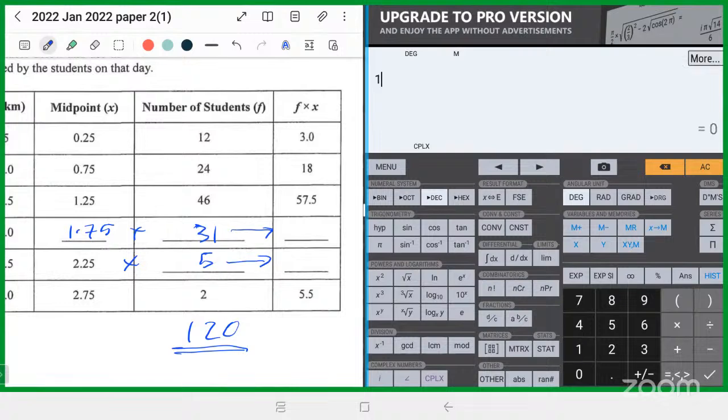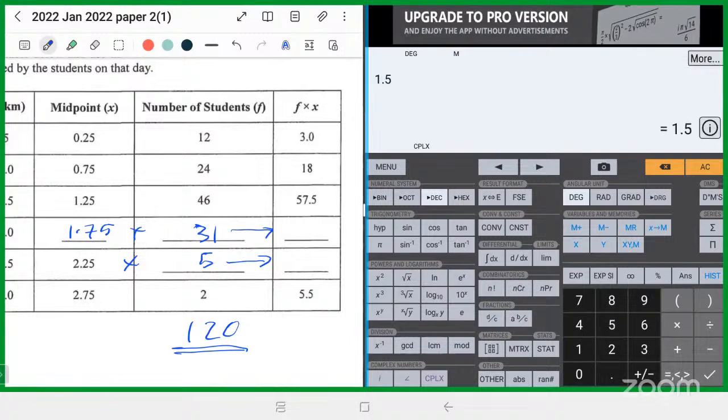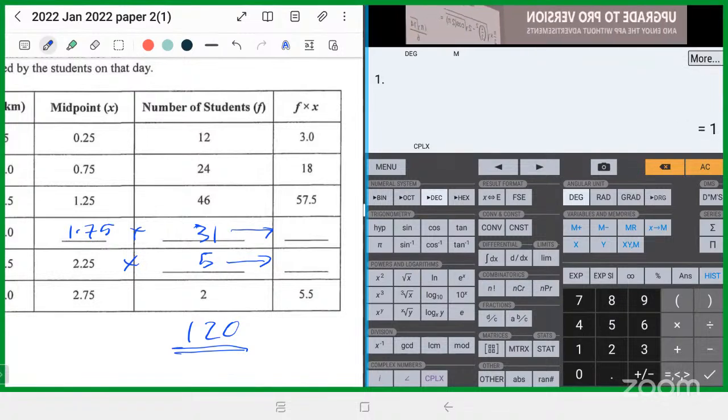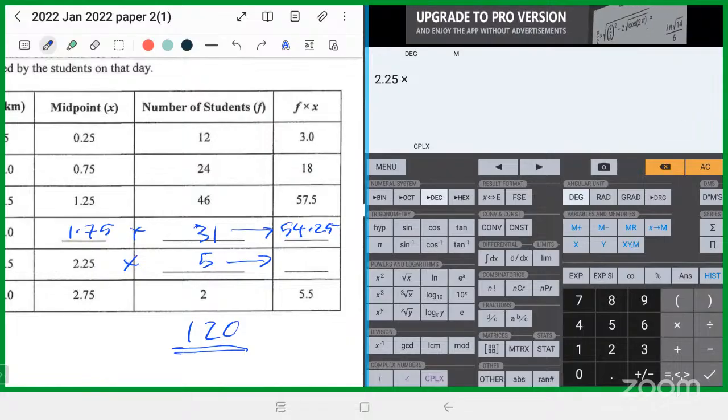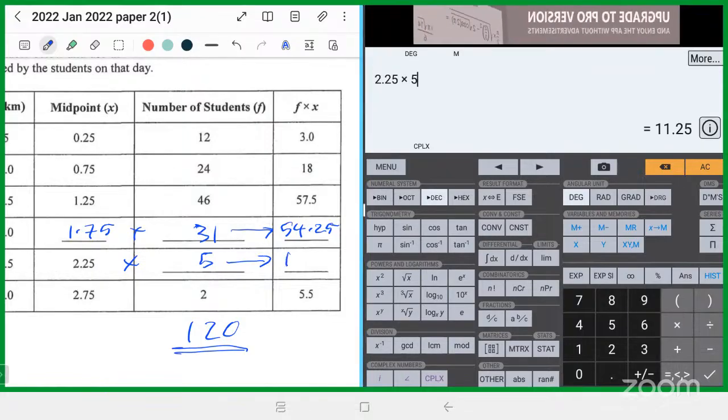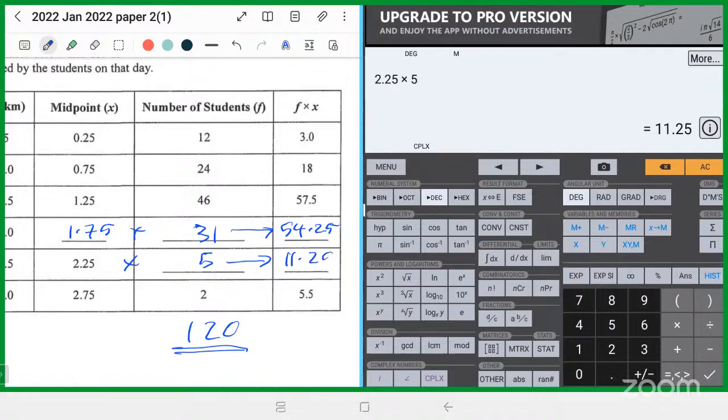So it is 1.75 times 31. That's 54.25. And then this one now, that is 2.25 times 5. That's 11.25.